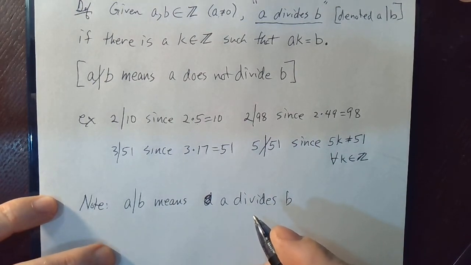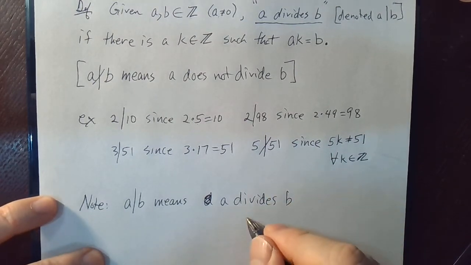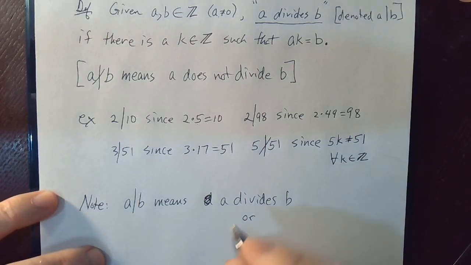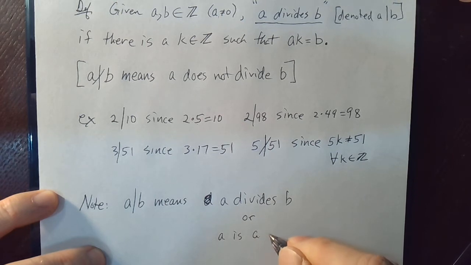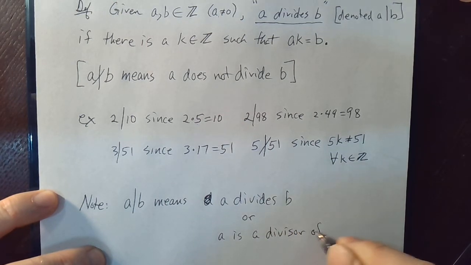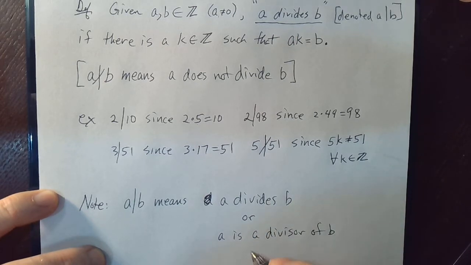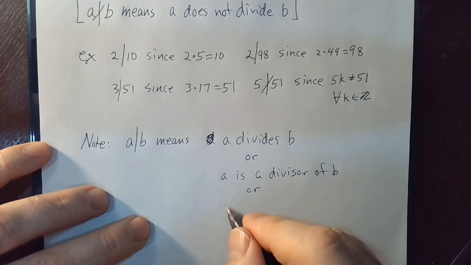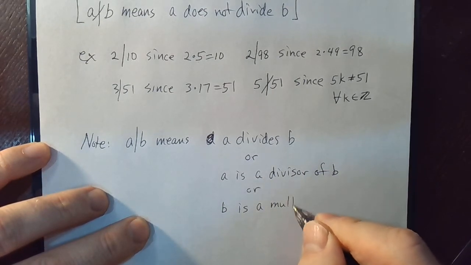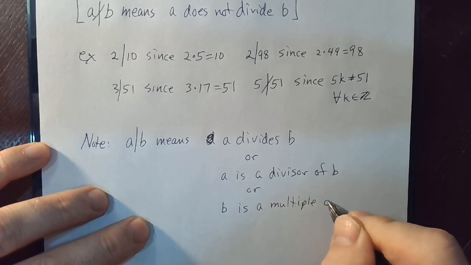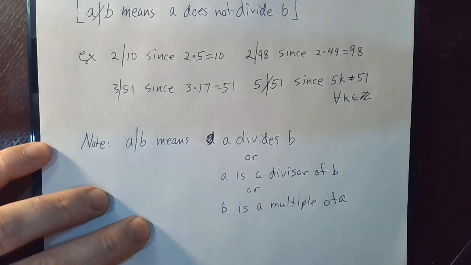Well, we could also say that, or how about a is a divisor of b? Or maybe we could say that b is a multiple of a.